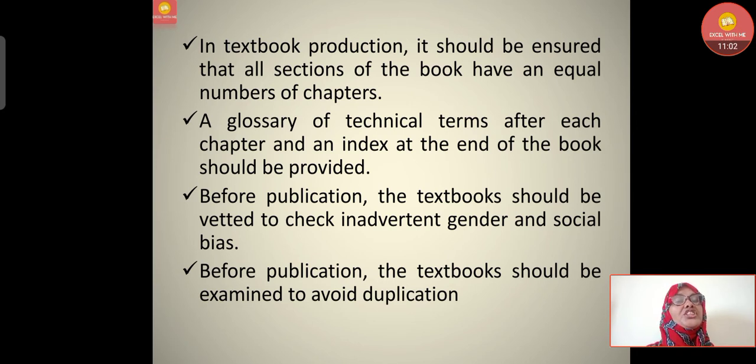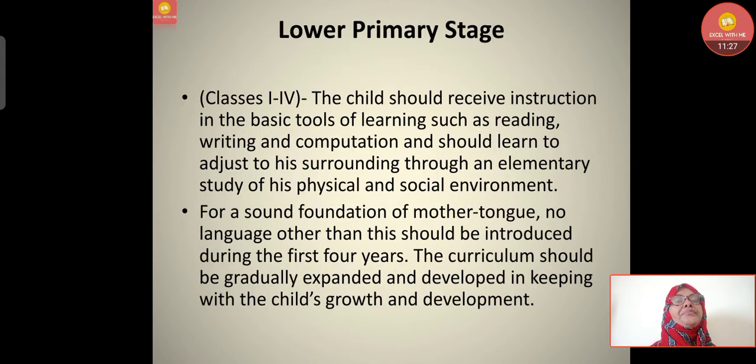Then before publication, the textbooks should be vetted to check inadvertent gender and social bias. Obviously, there should not be any gender bias in the books, whatever publication they are published in. Then before publication, the textbook should be examined to avoid duplication. No duplication should be there. Everything should be taken care of.